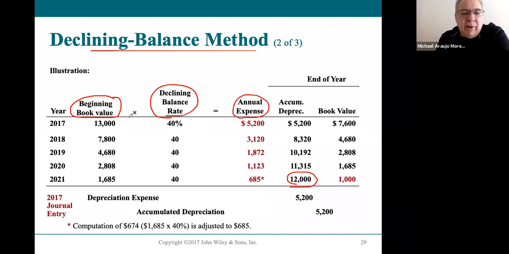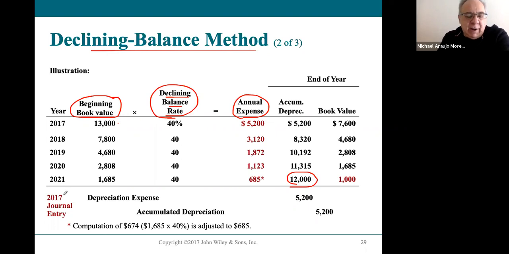So notice in the very first year when we bought the truck, the book value is the cost of the truck, $13,000. We multiplied it under the straight line method by 20%. Under the declining balance method, it's double that, which is why it's 40%. So in the very first year, we are going to depreciate $5,200 of this truck right off the bat.